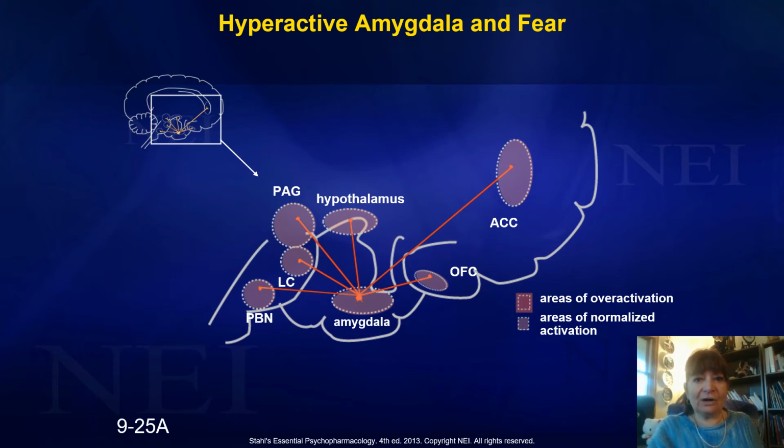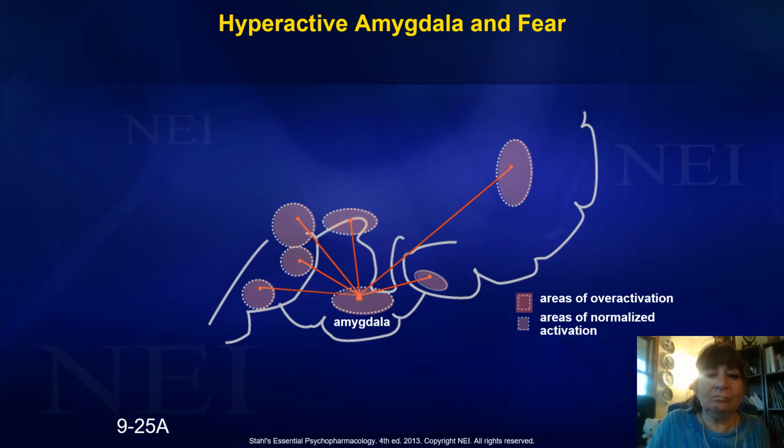Now we're going to talk about a hyperactive amygdala and fear. So you've seen this picture before. It's a little bit larger. We have areas of overactivation and areas of normalized activation. So when we have GABA in the amygdala, we see that we have overactivation.